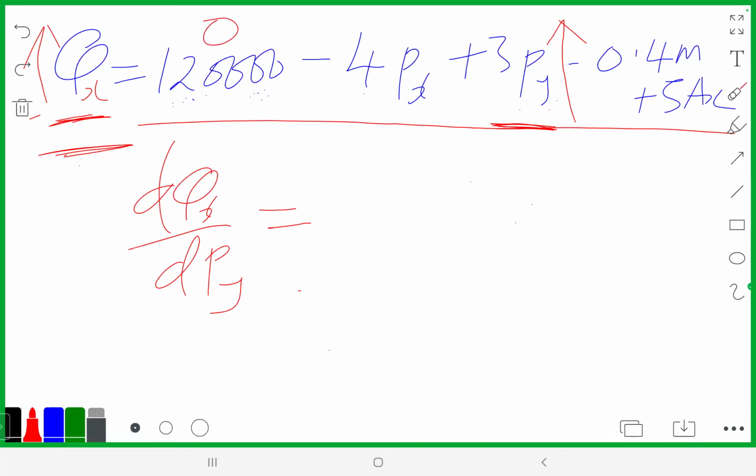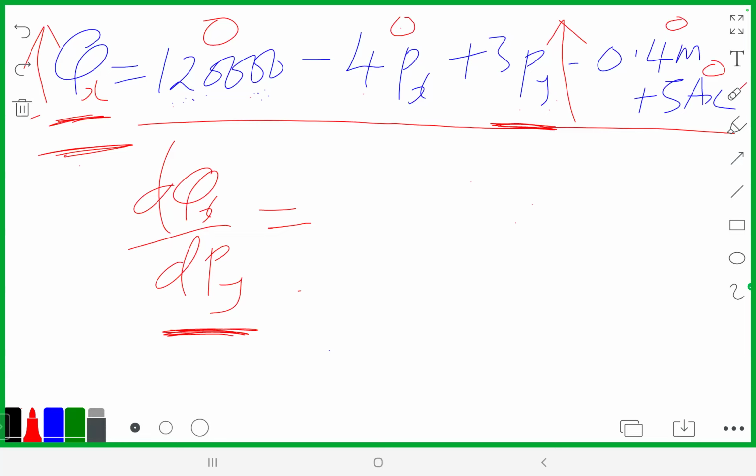Then here, remember that you are deriving this equation with respect to what? To py, right? So everywhere where we don't have py, we treat that as a constant. So here we don't have py, so it will become a 0. Even this one will become a 0 because we don't have py. Even that one we don't have py.